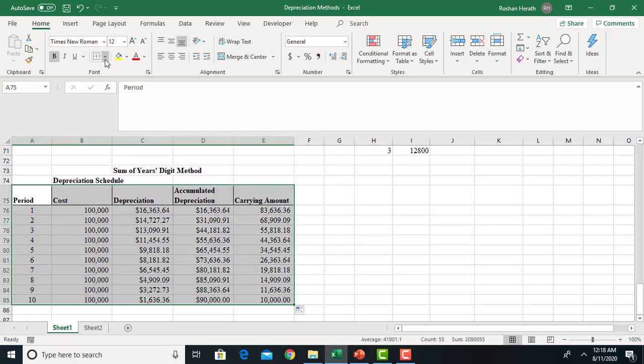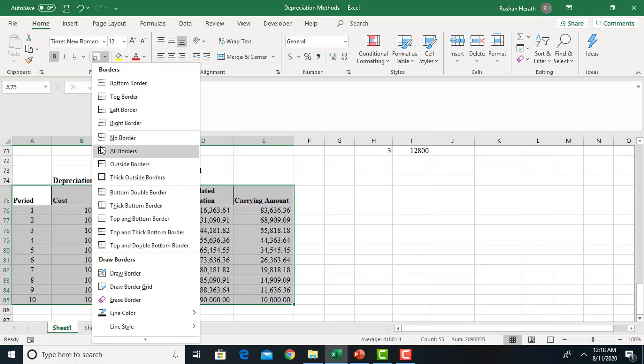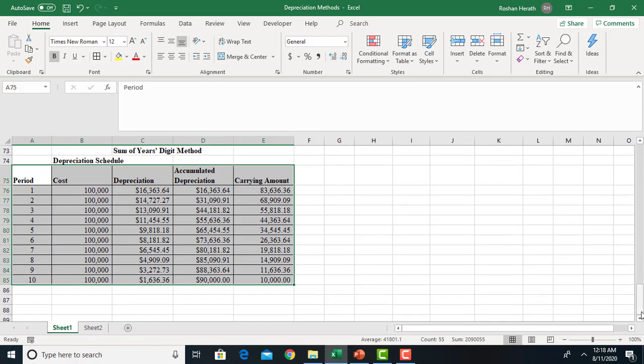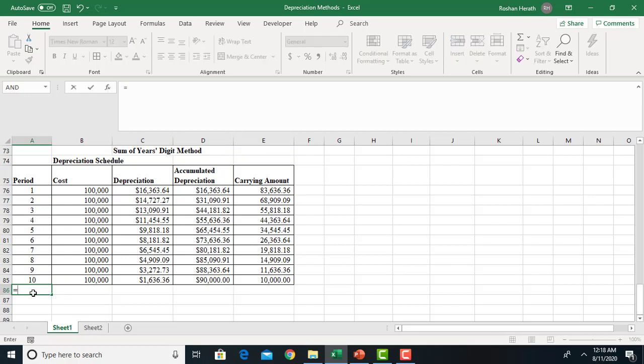Then if you are to witness how this operates in a manual setting, what you have to do, first you have to take the total of the years. Total of the years has to be taken, right? This is how we manually do this.